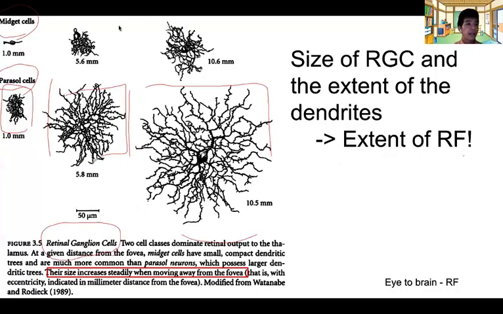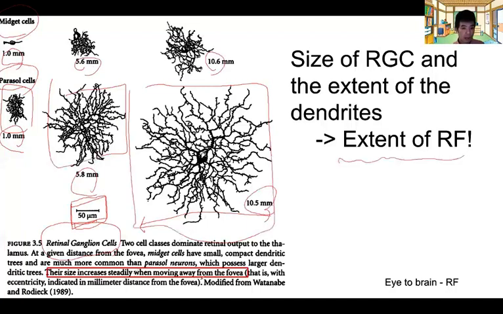Okay, and then the important thing is that first, the size of the neurons is indicated by this scale. So here, roughly, it's a 115 micrometer diameter neuron. And this is much bigger, roughly like a 250 micrometer neuron. And then the numbers below here, 1 millimeter, 5 millimeter, or 10 millimeter, correspond to the distance from the fovea.